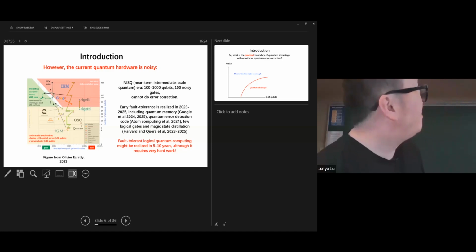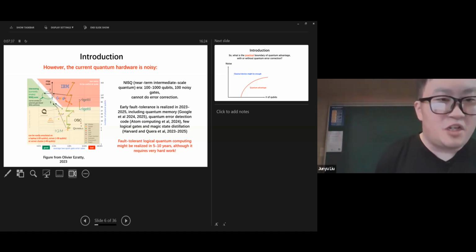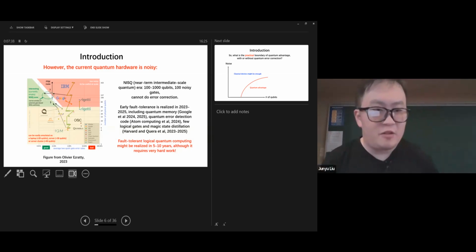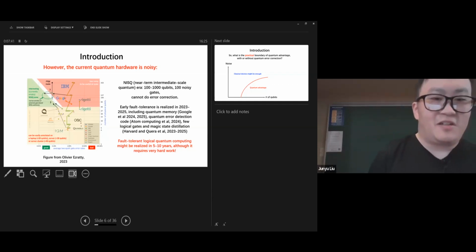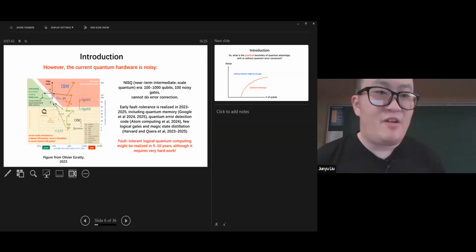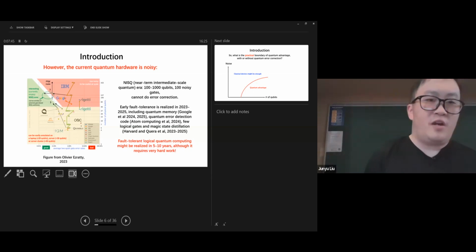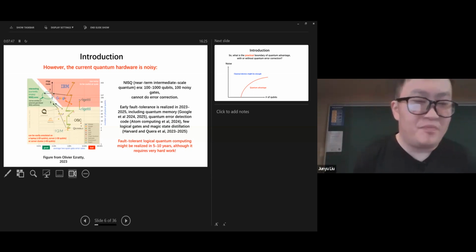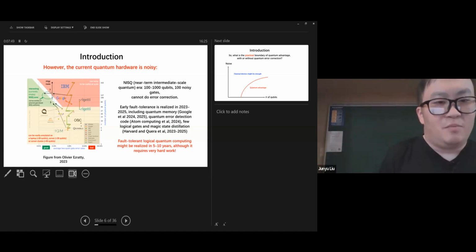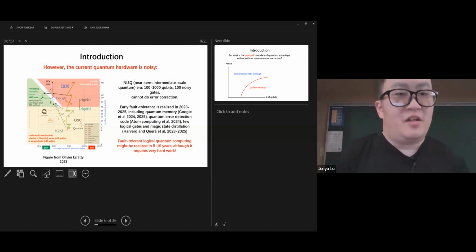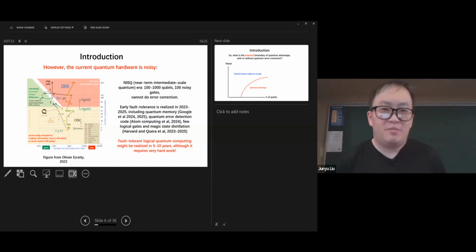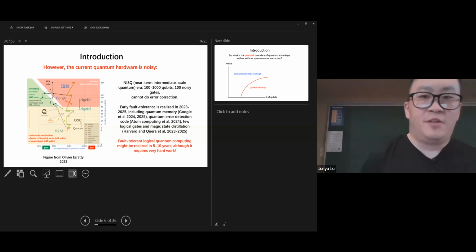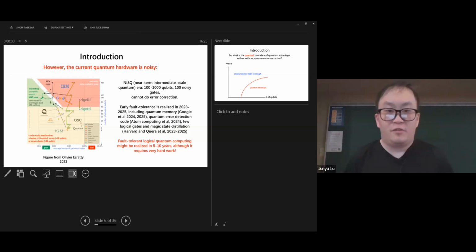People were previously interested in this NISQ regime, where they can have relatively modest gate error and a large number of qubits, and we hope that it can solve some important problems in this region. At the same time, nowadays many people also try to develop new technologies that bridge toward fault tolerance.